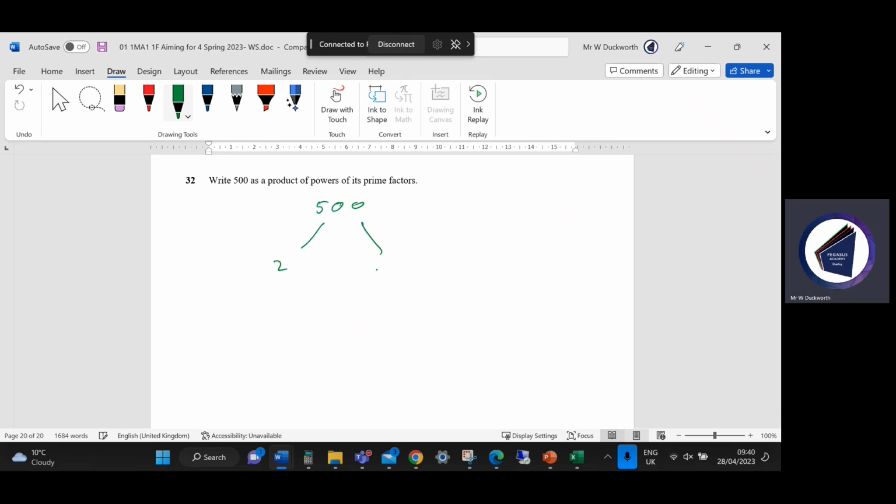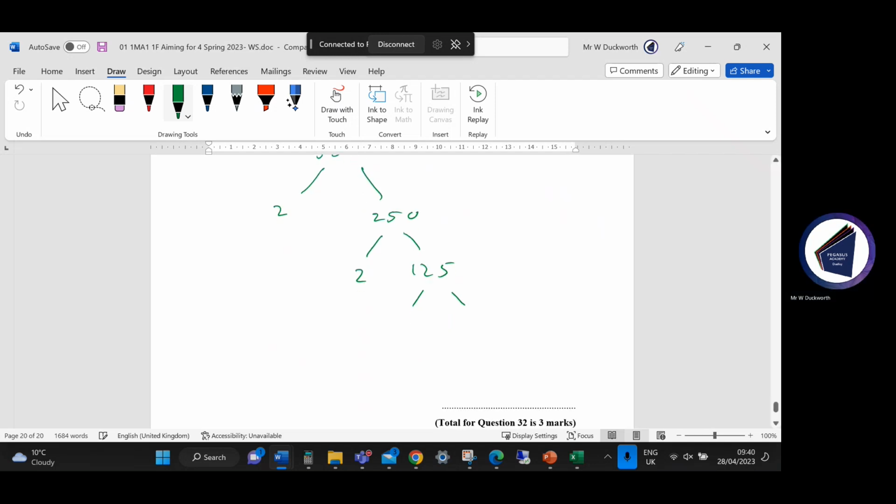Normal way for me, 2 and 250, which would be 2 and 125. 3 doesn't go into that, being a bit dense there. 5 and 25, which is 5 and 5. So as a product of its primes, we've got 2 squared times by 5 cubed.